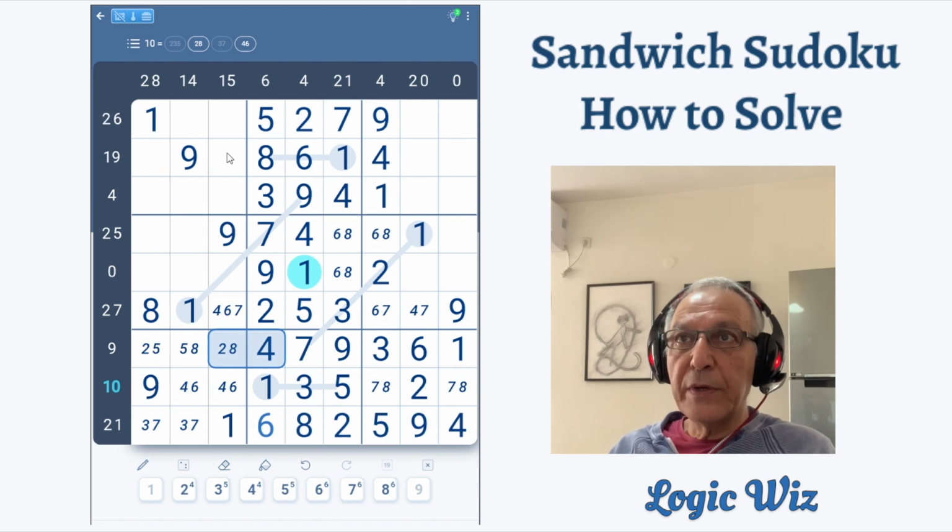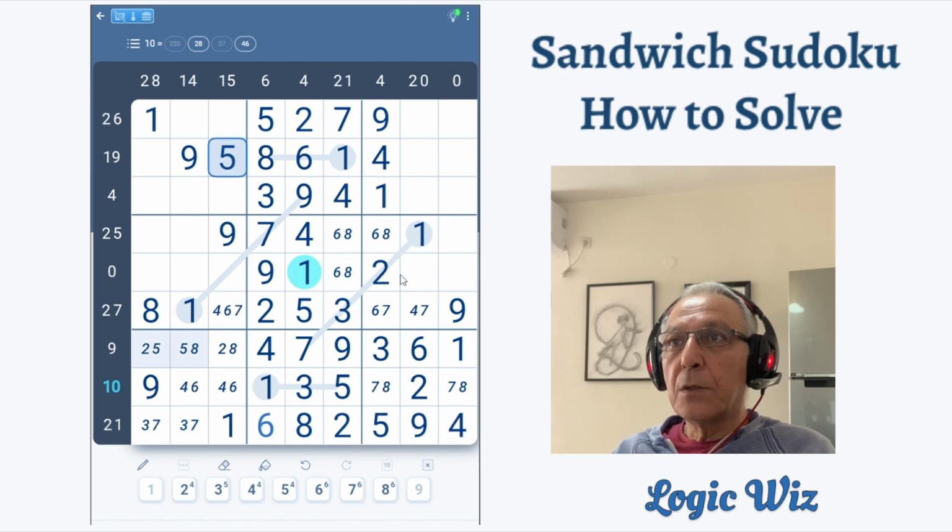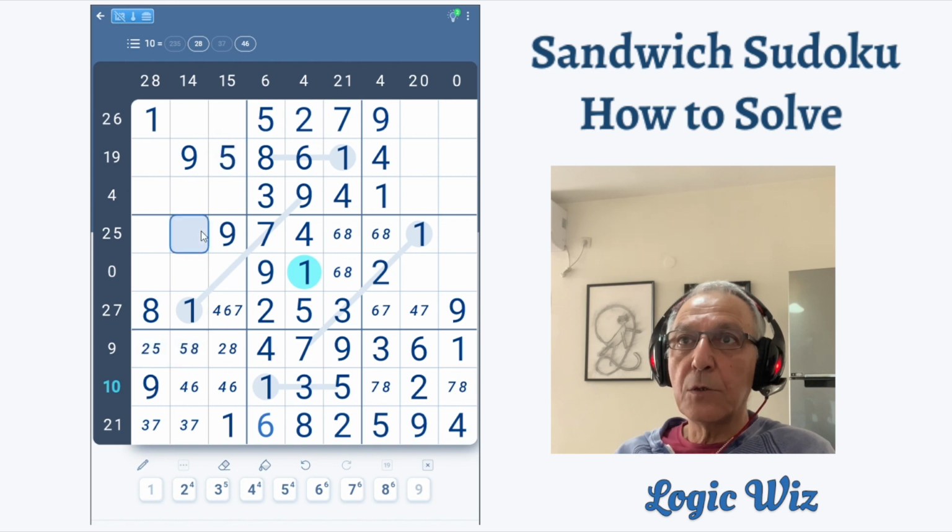Okay, we can figure out what this digit is. It's 14, so this one must be 5. Okay, let's see what we miss here. We are missing here 2. 2 obviously cannot be here. 2 can be only here.